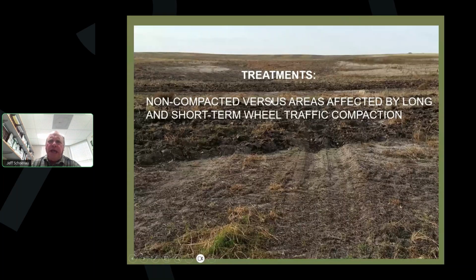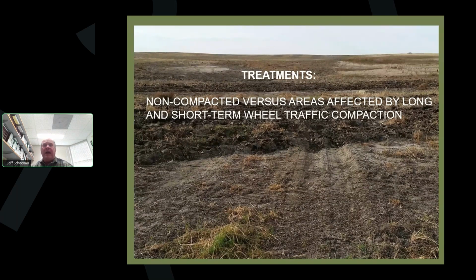So the treatments that we had then were a non-compacted control area versus areas that were affected by both long-term and short-term wheel traffic compaction. The short-term wheel traffic compaction we created by running a 3-ton truck loaded with grain through the same pathway or travel area 3 times.